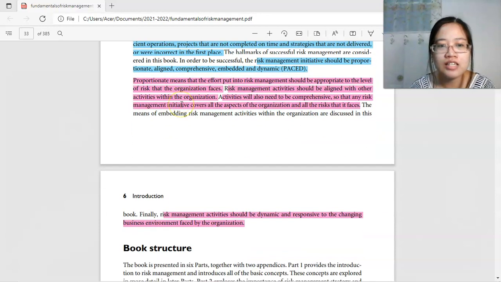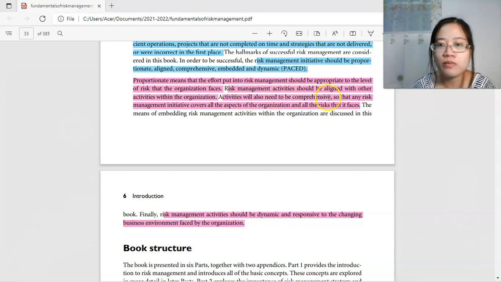Okay? So, ayan. Proportionate means that the effort put into risk management should be appropriate to the level of risk that the organization faces. Risk management activities should be aligned with other activities within the organization. And of course, pare-pareho dapat silang supportive of achieving the goals and objectives of the business organization.